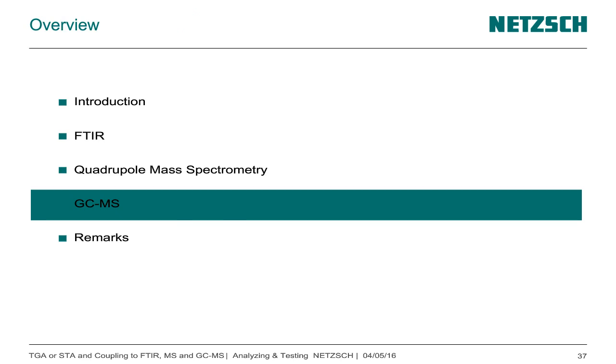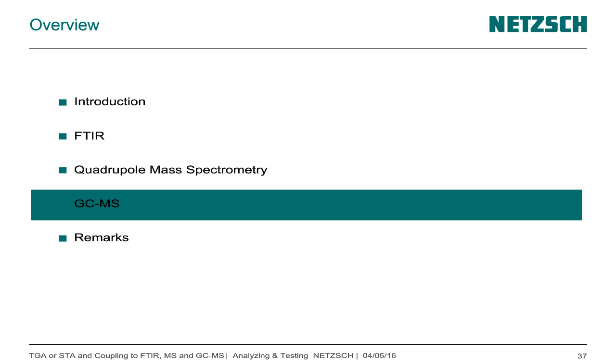Now I want to go to GCMS. My first MS coupling I had bought in 1999, FTIR in 2003, and GCMS I built up on my own in 2005, I think, as far as I remember. So I've done a little bit also with GCMS.